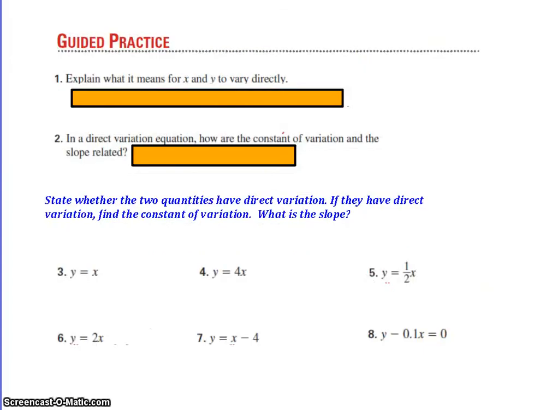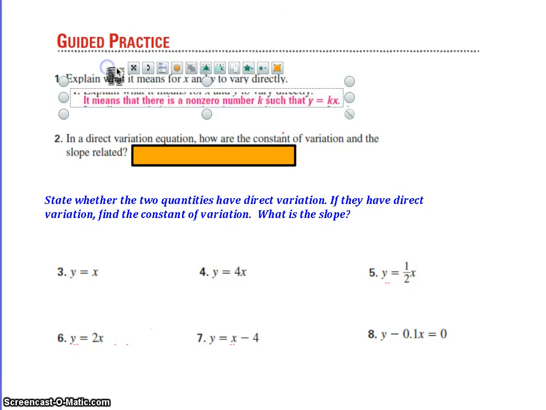So here's some guided practice. The first question is, explain what it means for x and y to vary directly. It means that there is a non-zero number, k, such that y is equal to kx.